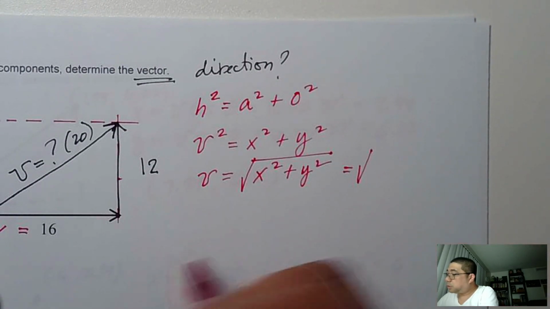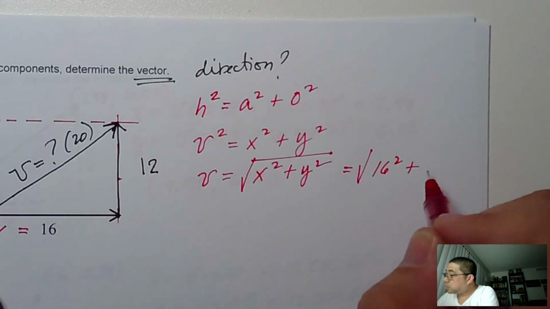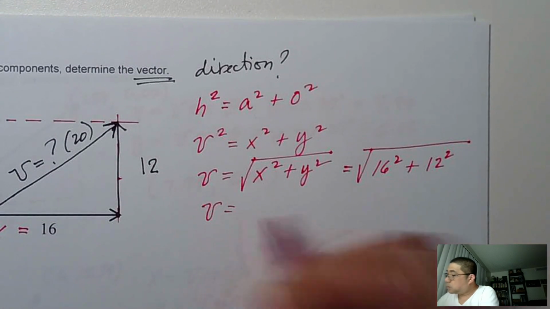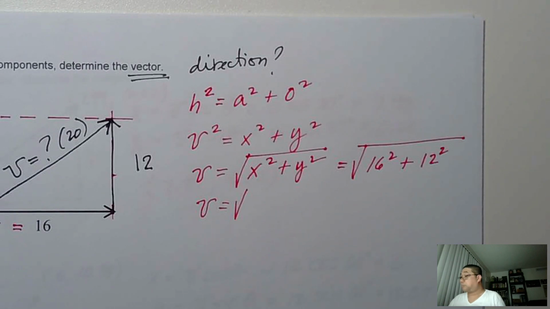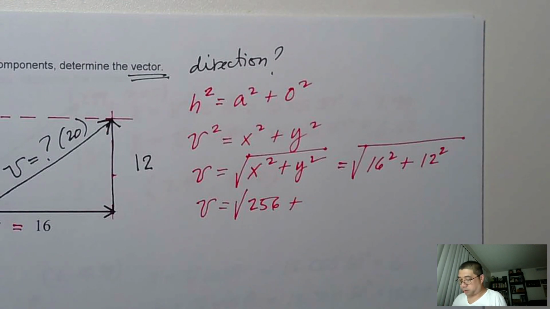Square root of x, which is 16 squared, plus 12 squared. So what is it? Square root. Let's use the calculator. So that's 16 squared, which is 256, plus, what is 12 squared? 144.